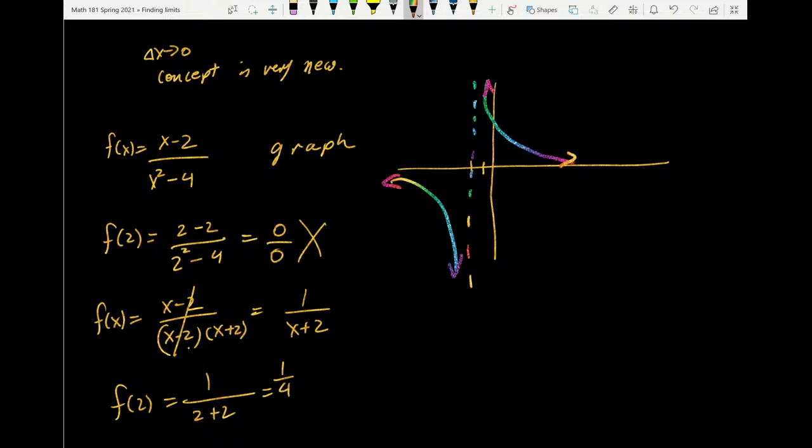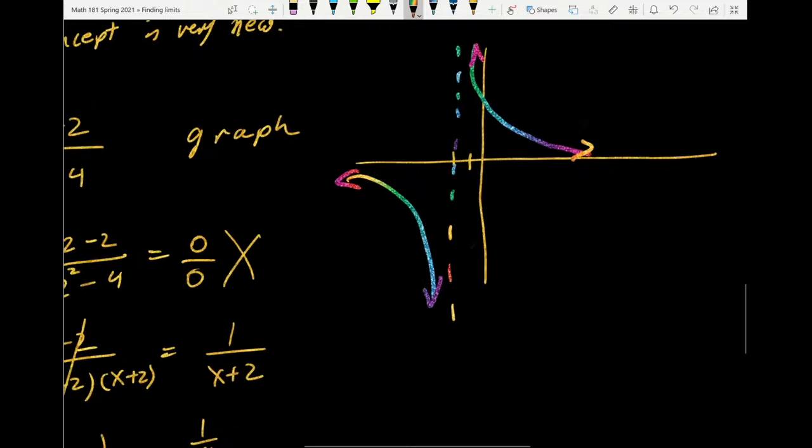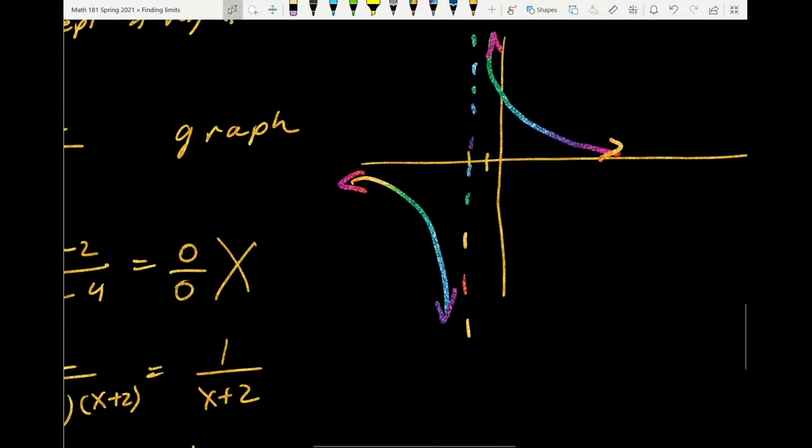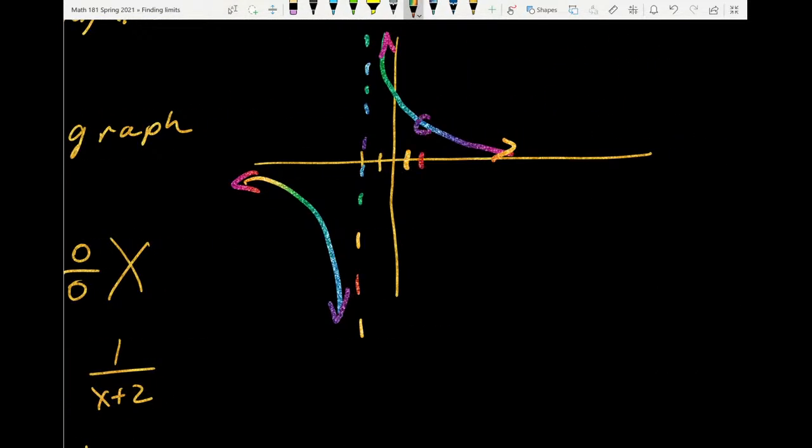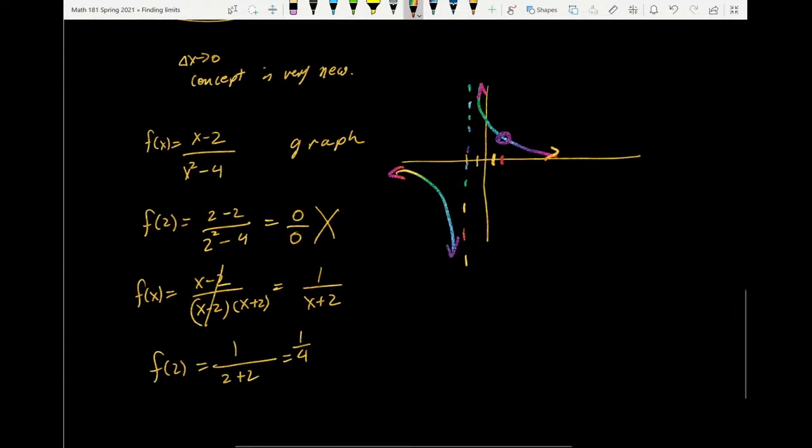But you had an open circle right over here at 2. So 2 cannot be part of the domain. Yet, how was I able to get this f of 2 equals 1/4? What is happening?